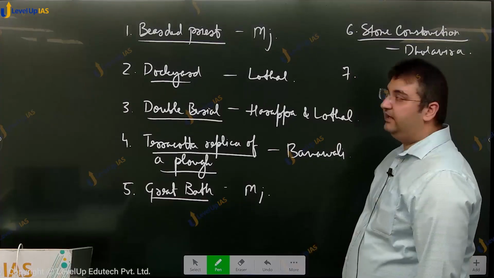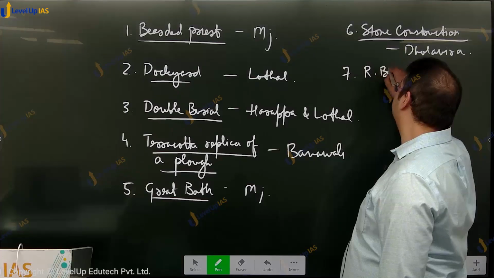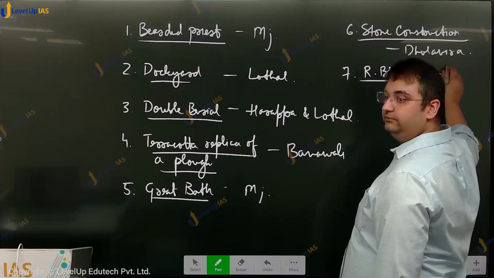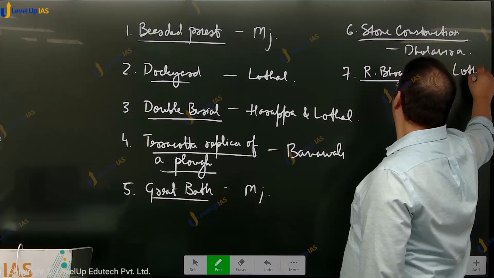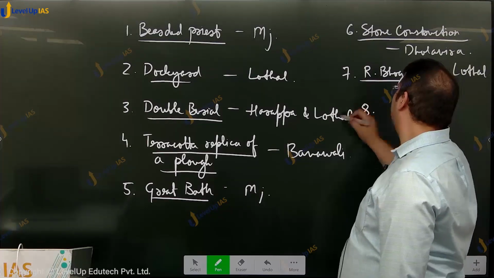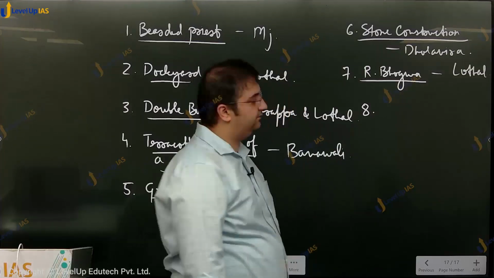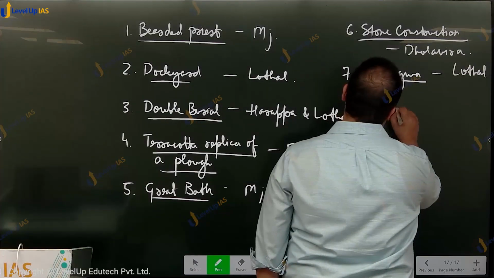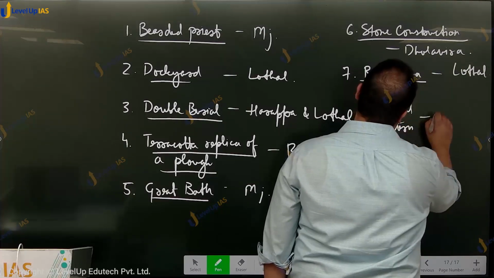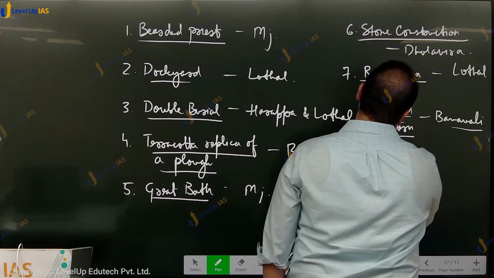Which Harappan city is situated on the banks of the river Bhogwa? कौन सा? लोथल. From which Harappan city do we find a radial pattern of planning? बनावली से मिला है.